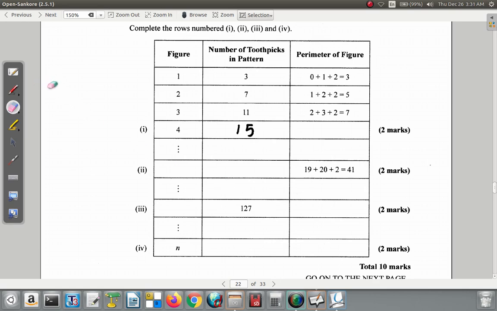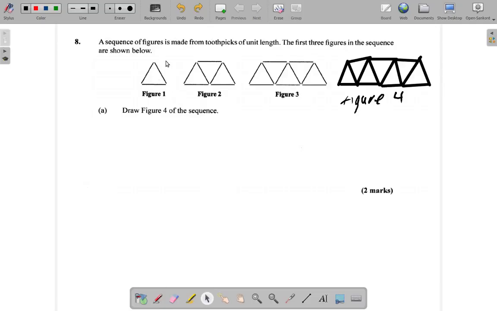Then the perimeter of the figure, you have 0 plus 1 plus 2 and so on. I guess it's none at the top, plus 1 at the bottom, plus 2 at the sides. So it's top, bottom, sides.